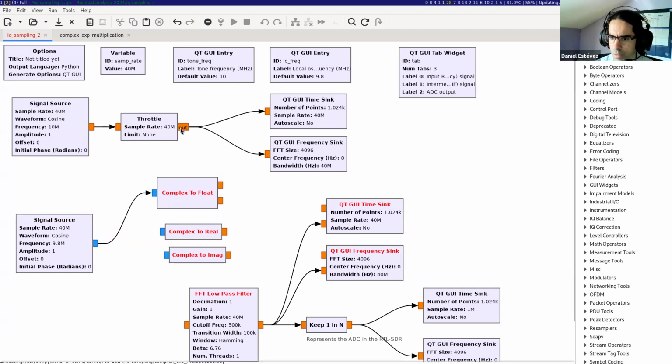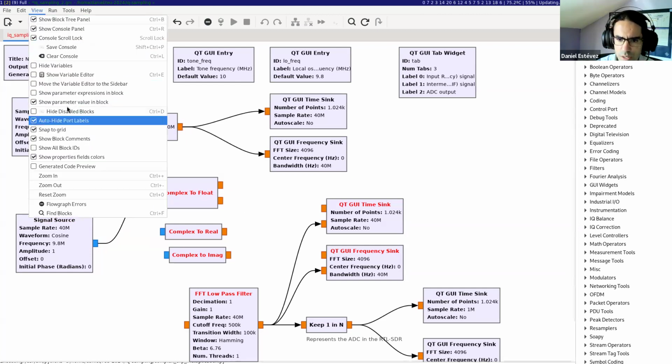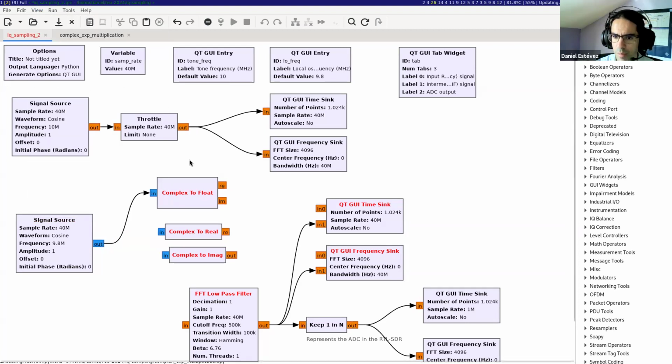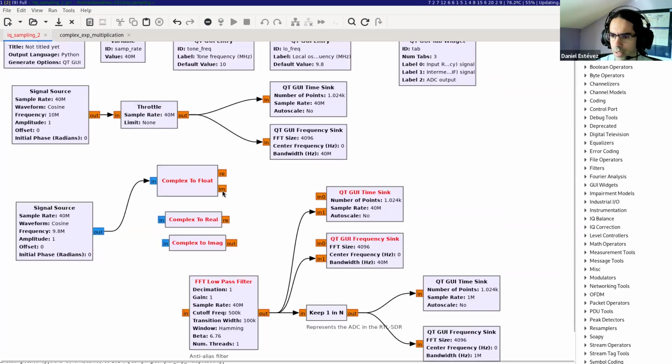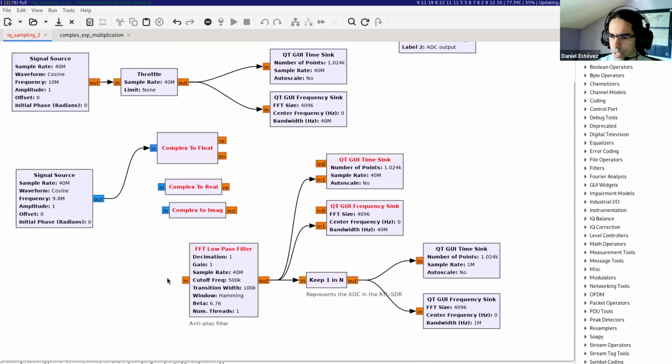Maybe you haven't noticed, but the ports have labels. Usually they are only shown at mouse over, but there is this view option to hide port labels. So if you want to have the port labels visible always, you can toggle this option. However, oftentimes it is not necessary because the names of the outputs are often clear.